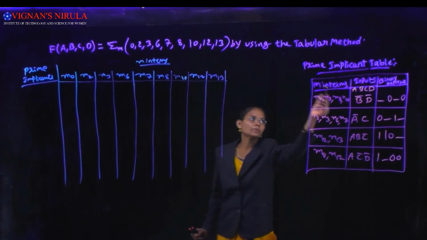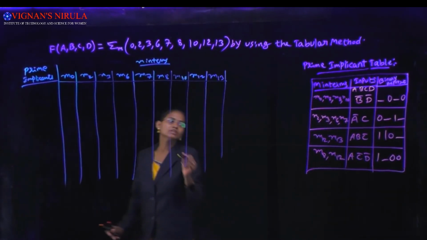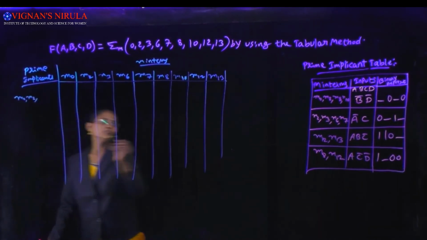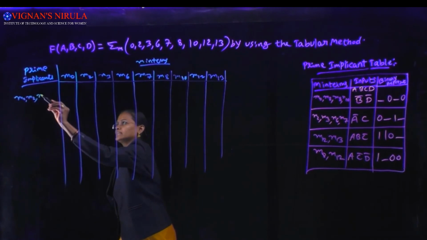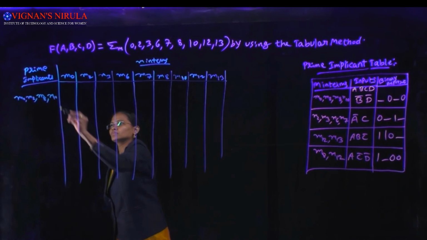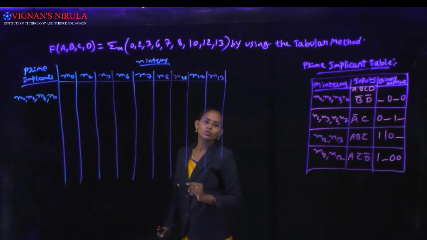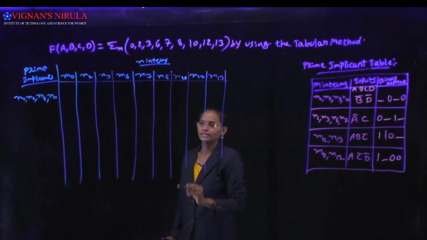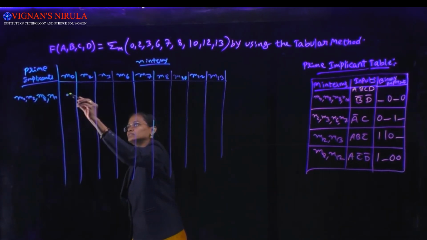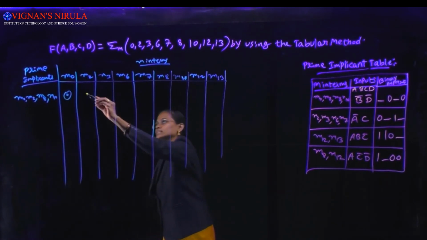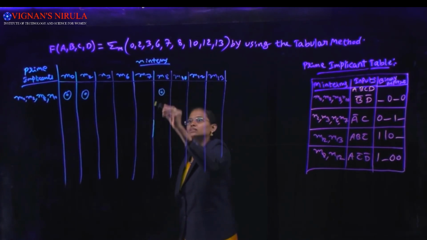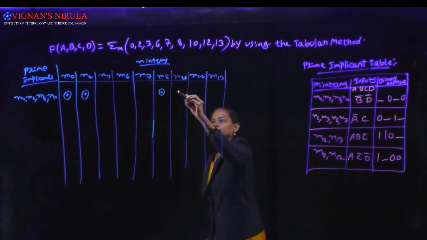Okay. In the prime implicant table, we write down all the min terms. M0, M2, M8 and M10. So we map those min terms only. Okay, M0 is here, and next M2 is here, and next M8 is here, and next M10 is here.